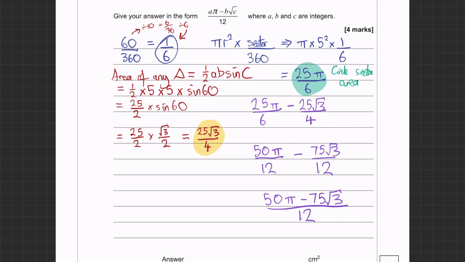And looking back at the question, it says a pi minus b root c over 12. We've got that. We've got a pi, which is 50 pi, minus b root c, minus 75 root 3, and 12 at the bottom. So it's worked out really nicely to give us 50 pi minus 75 root 3 all over 12 centimetres squared.